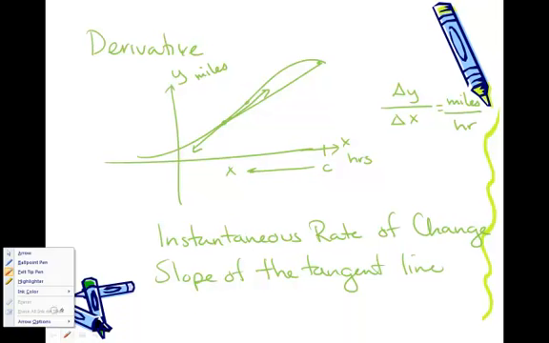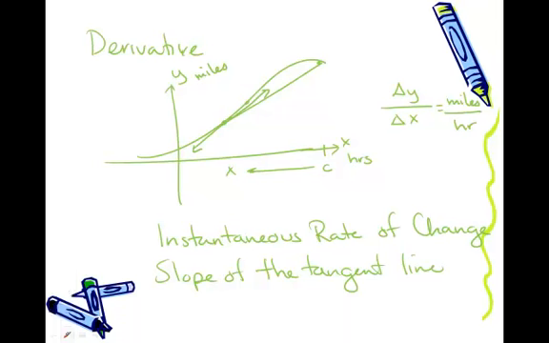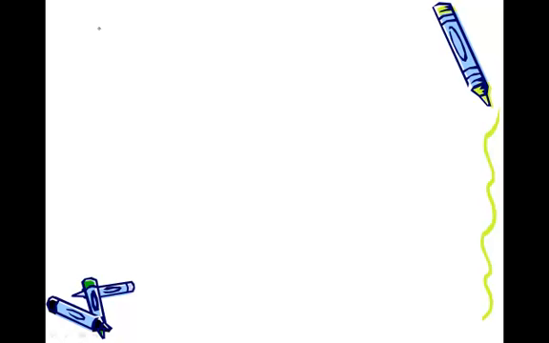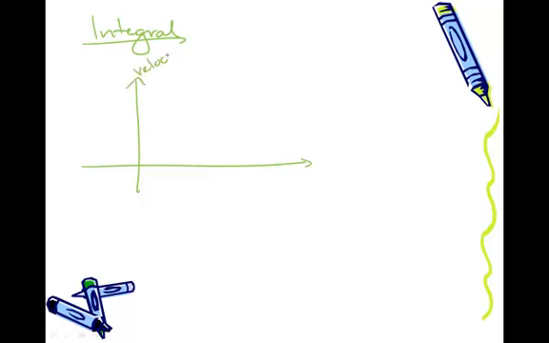In this section, we are going to look at something called an integral. And you have worked with simple integrals in the past. Let's look again at a very simple graph where, for example, we have velocity on the y-axis, or something like miles per hour, and then we have time on the x-axis, for example, hours.